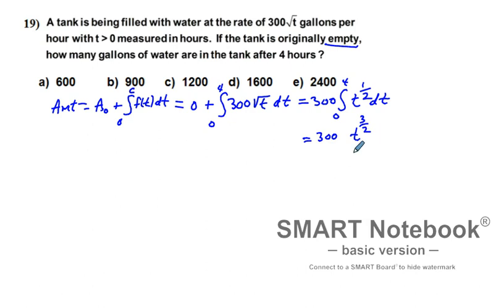And we're going to divide by 3/2, which is the same as multiplying by 2/3, from 0 to 4. And so we have 300 divided by 3, that's 100 times 2.